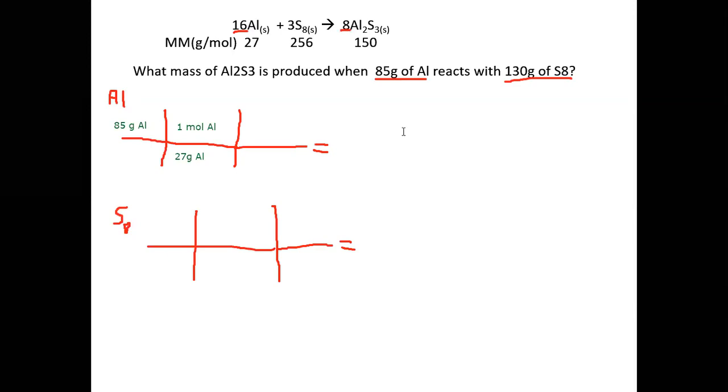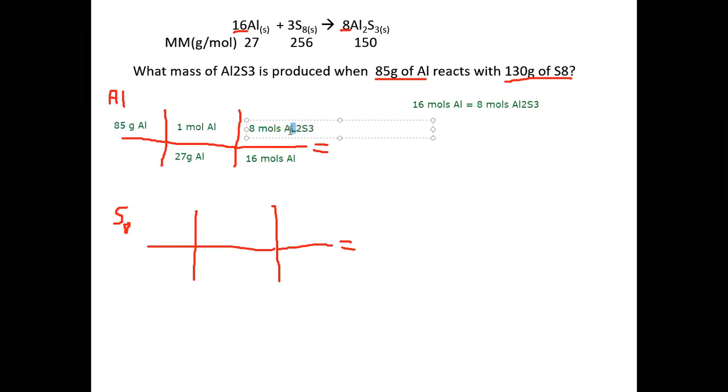So we can write that as an equality: 16 moles of aluminum equals 8 moles of aluminum sulfide. Since we're starting with aluminum, it goes on the bottom, and aluminum sulfide goes on top.